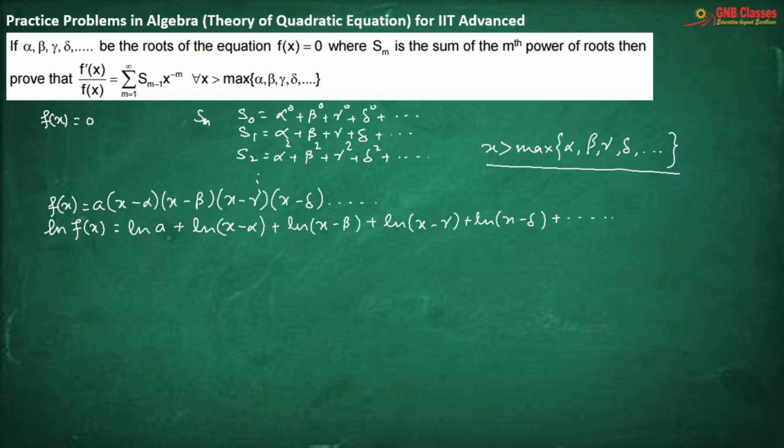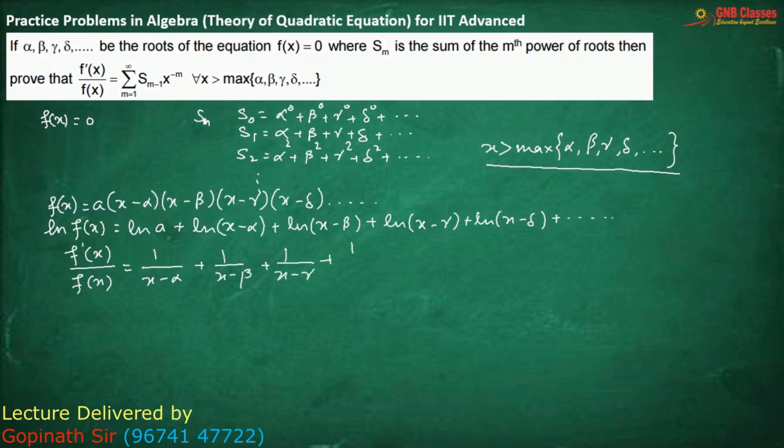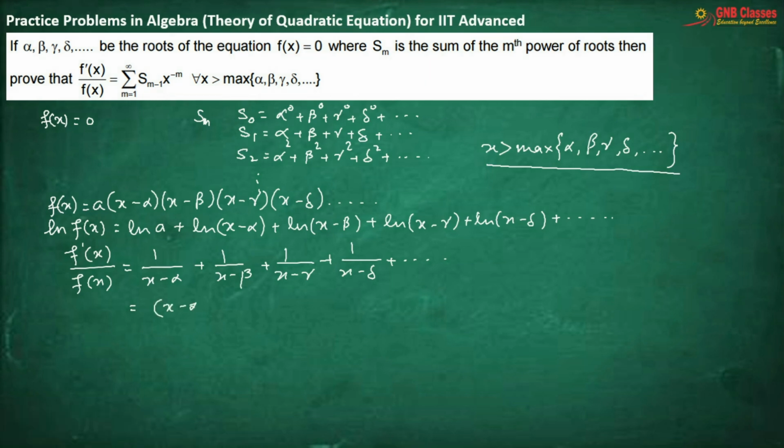Differentiate both sides with respect to x. So what we are getting? f'(x)/f(x) is equal to 1/(x minus alpha) plus 1/(x minus beta) plus 1/(x minus gamma) plus 1/(x minus delta), and so on. Is it clear? So it is nothing but (x minus alpha) to the power minus 1 plus (x minus beta) to the power minus 1 plus (x minus gamma) to the power minus 1 plus (x minus delta) to the power minus 1, and so on.